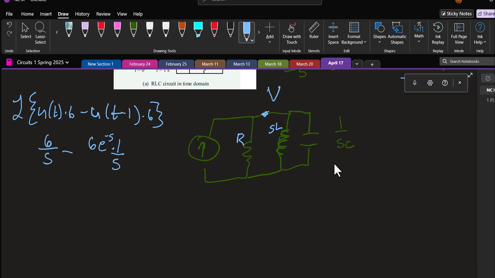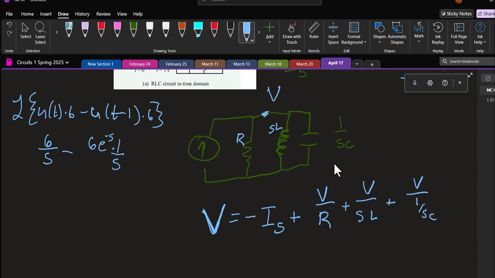So the voltage right there is capital V, because we're all in the S domain, so imagine it's bold. At node V, the currents sum: V over R plus V over SL plus V over 1 over SC equals 0.